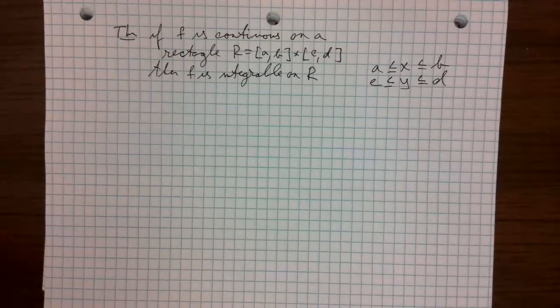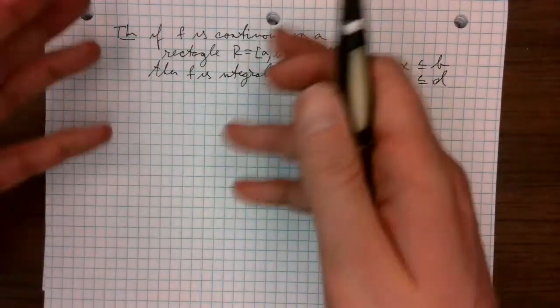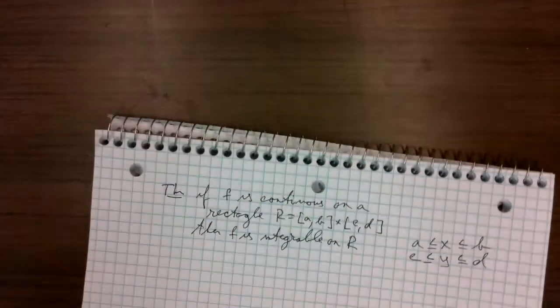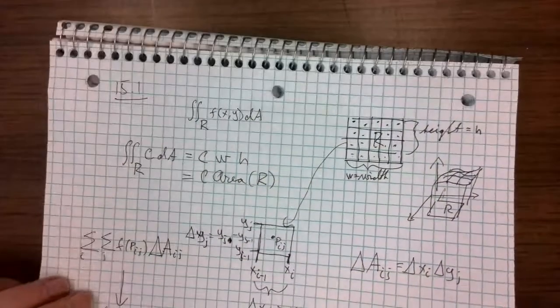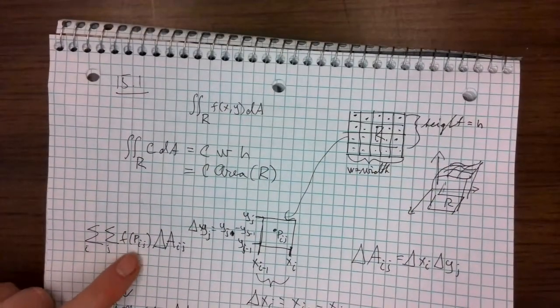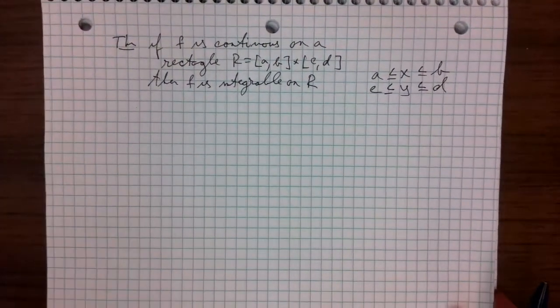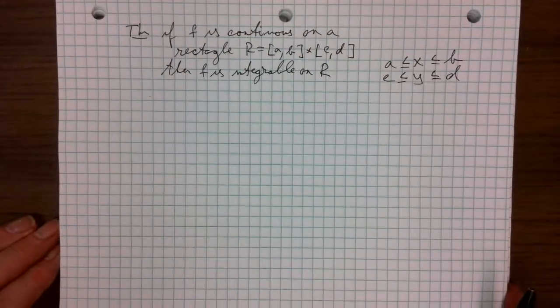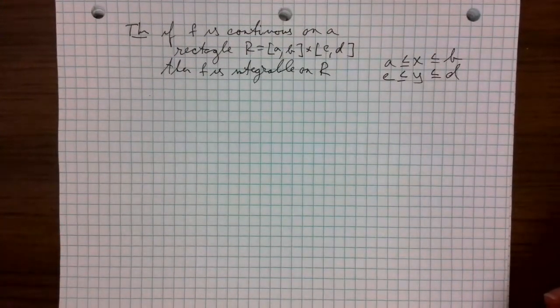What you could do, and a computer would do something similar, though not quite, is try to estimate it by doing those Riemann sums, the things that we defined over here. The smaller the grid you use, the closer to the actual value you get.